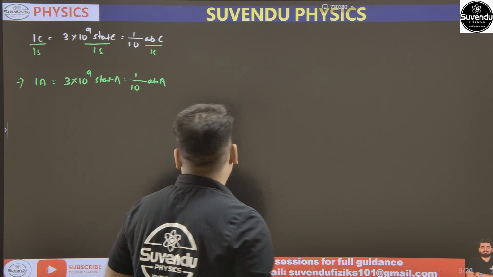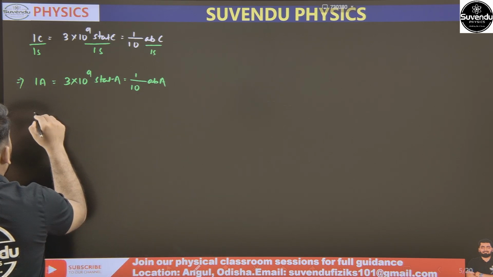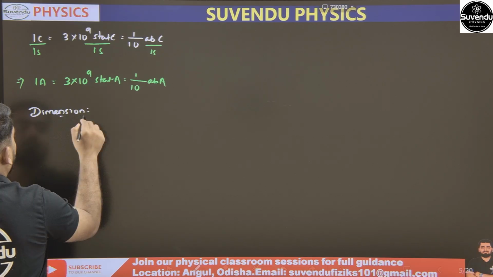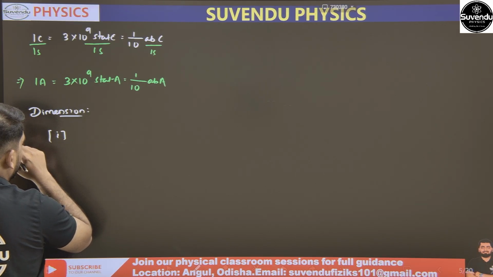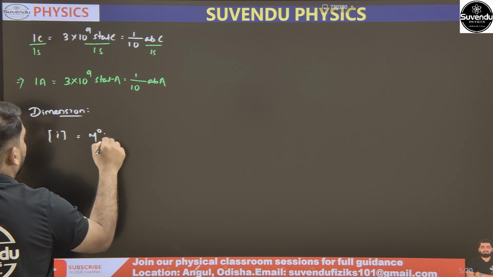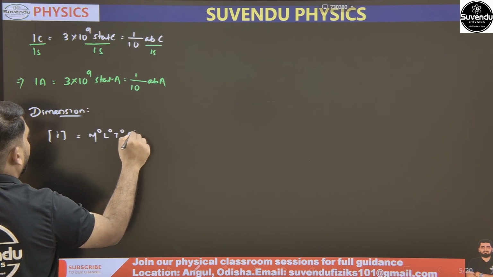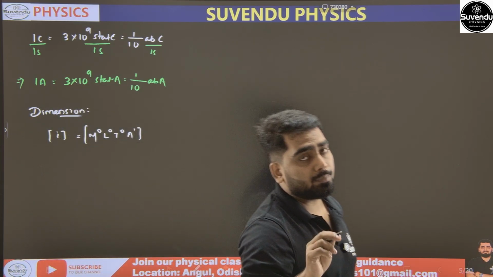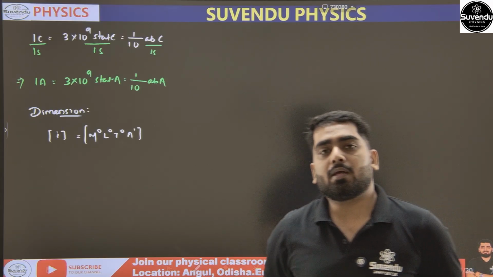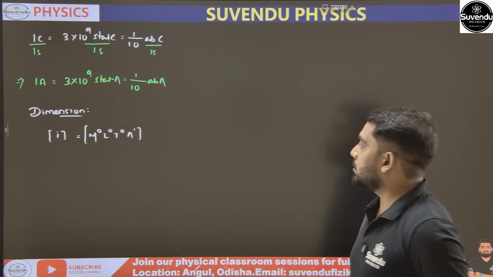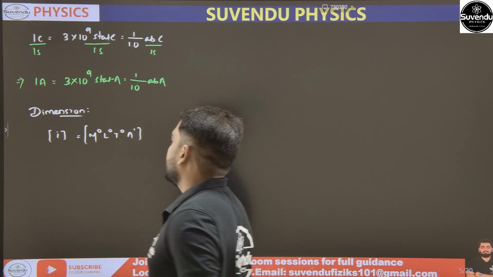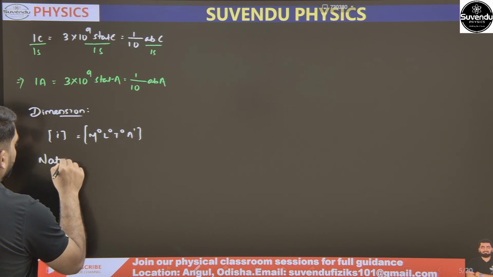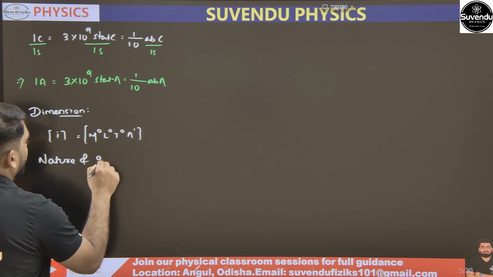Okay. Next, its dimension. The dimension of electric current is very easy. The dimension of I is M0 L0 T0 A1, because it is one of the 7 fundamental quantities: length, mass, time, temperature, electric current, luminous intensity and amount of substance. So this is about the dimension. Then the nature of the quantity.